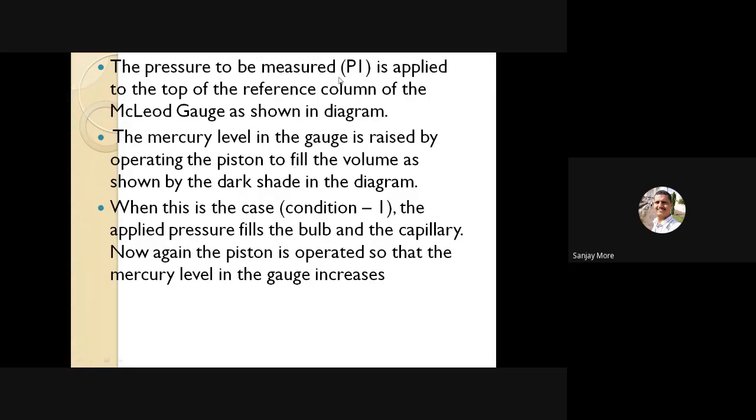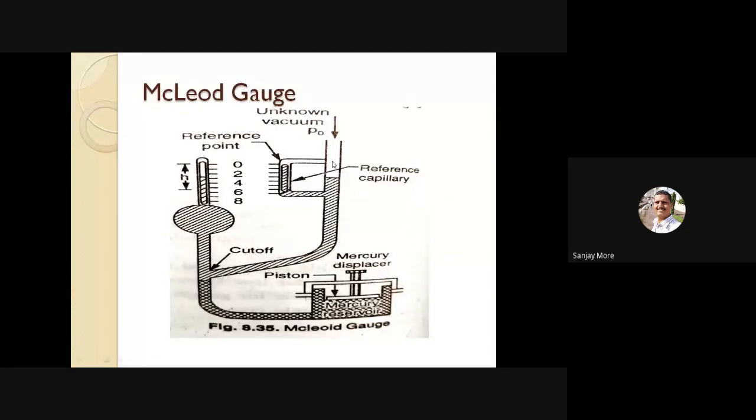The pressure to be measured, P1, is applied to the top of the reference column of the McLeod gauge. The mercury level in the gauge is raised by operating the piston to fill the volume, as shown by the dark shade of the diagram. You see here, this is the unknown vacuum P0.